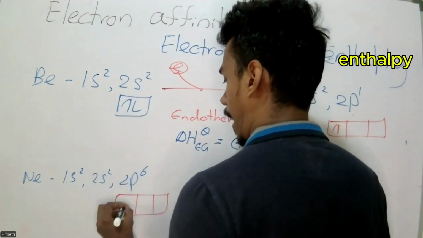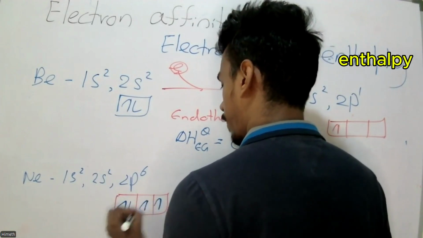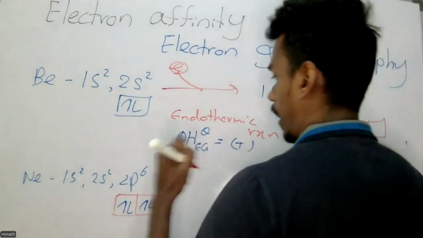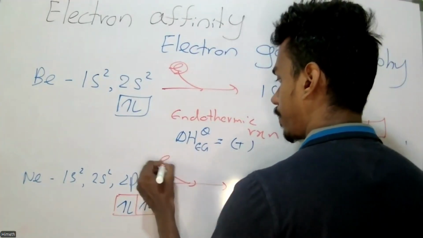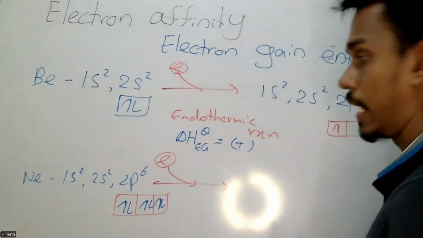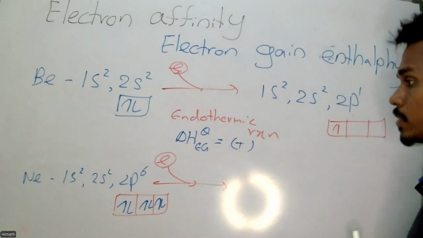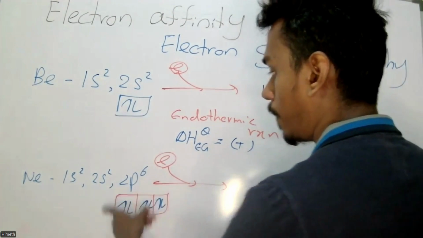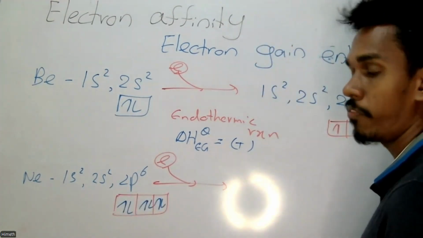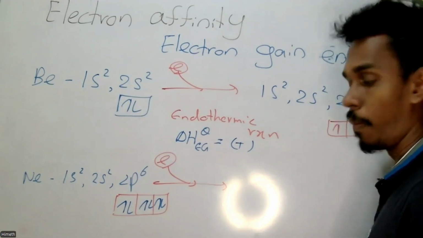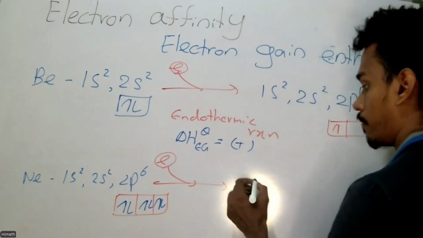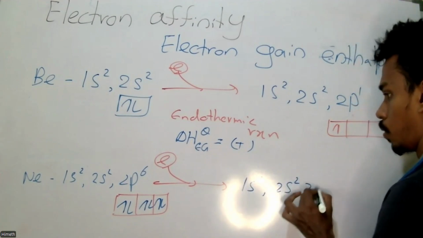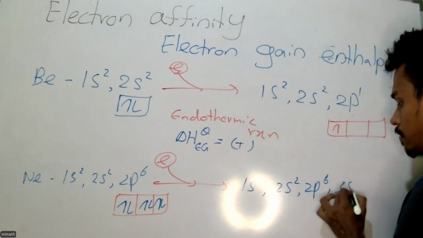So when we add an electron to neon, it goes to an unstable electron configuration. Since the p orbital is completely filled, that electron will go to the 3s orbital. So the new electron configuration is 1s2, 2s2, 2p6 and 3s1.